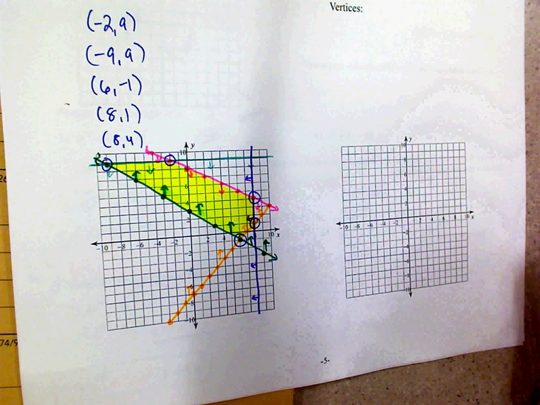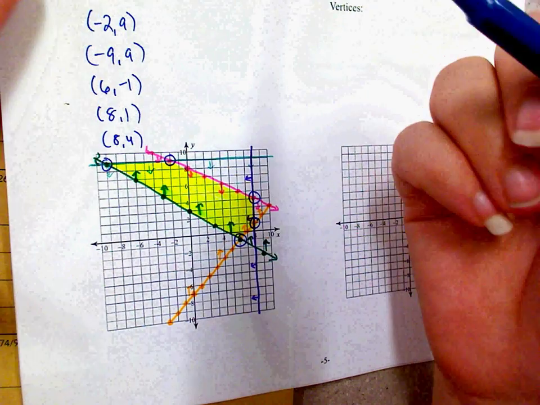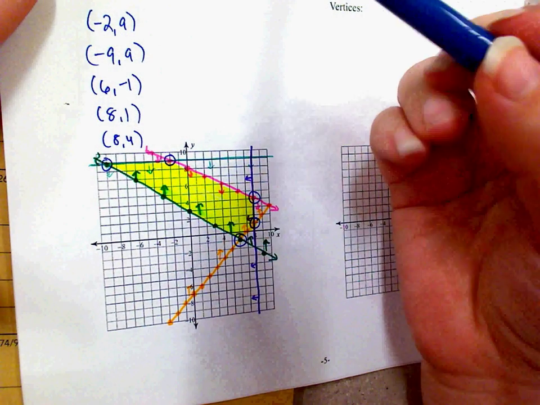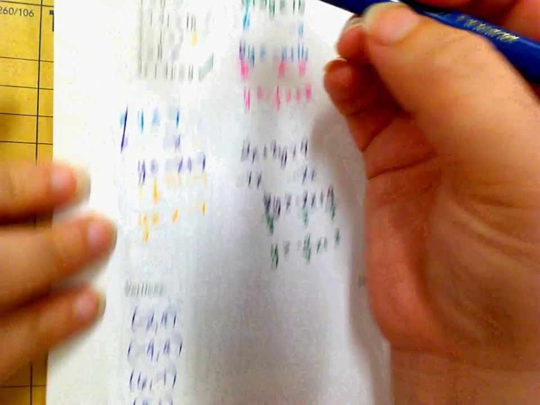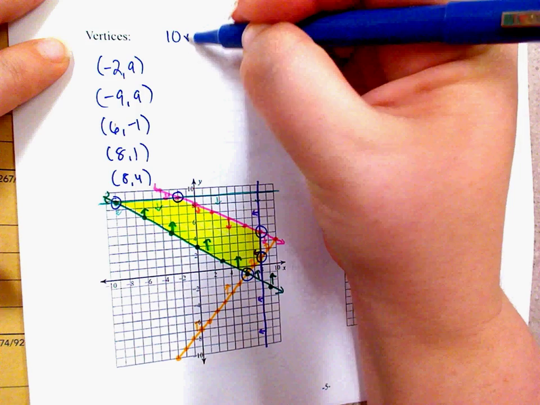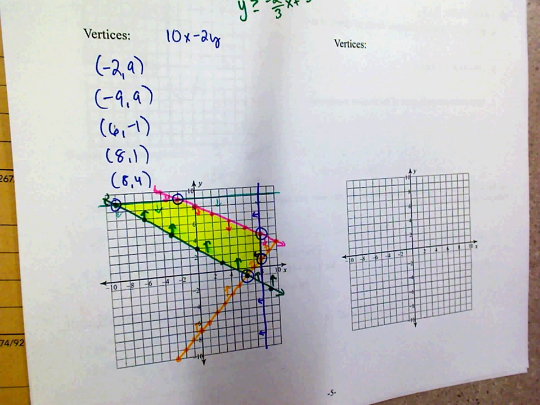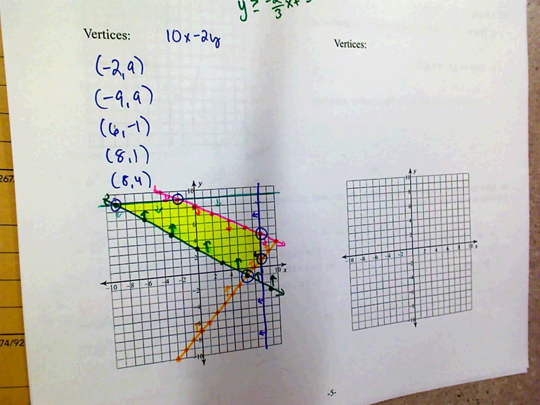And I want to maximize and minimize, which means I need to plug these x's and y's into what function? The objective function, 10x minus 2y. Okay, so here we go.